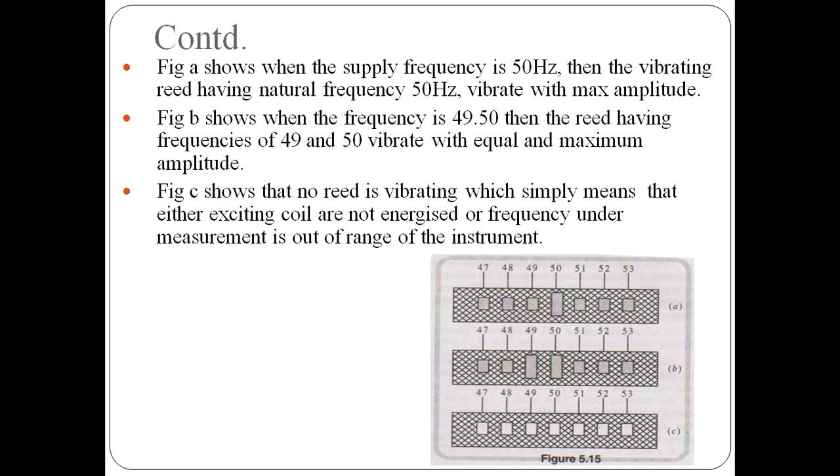Figure B shows that when the frequency is 49.5 Hz, the reeds of 49 and 50 Hz vibrate with equal amplitude. In figure C, no reed is vibrating, which simply means that either the exciting coil is not energized or the frequency under measurement is out of the range of the instrument.